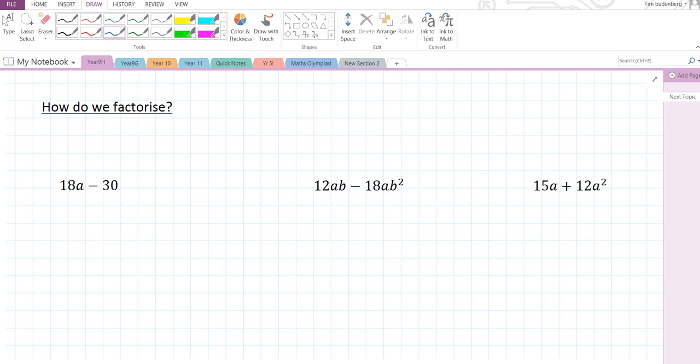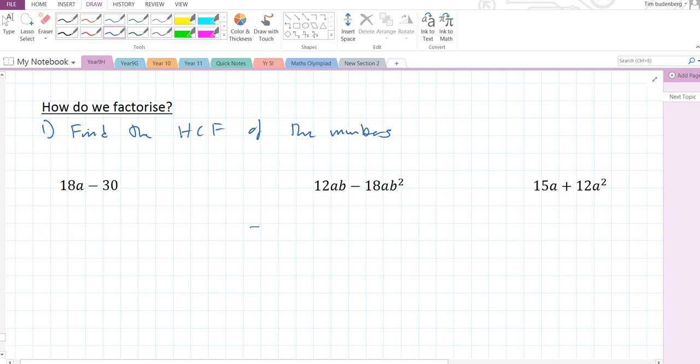So, how do we factorise? Well, first step to factorising is find the highest common factor of the numbers. Then write each term in expanded form using the highest common factors.